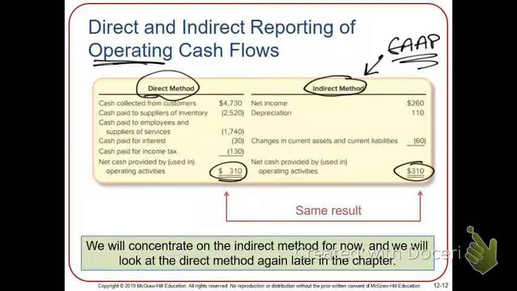The reason investors like the indirect method is the indirect method starts with net income. And it takes a company's net income and then shows them how much of net income is actually cash. Because remember, net income has nothing to do with cash. Net income only shows you how much revenue you made and how much expenses you used.